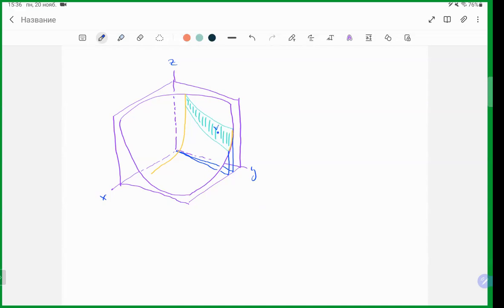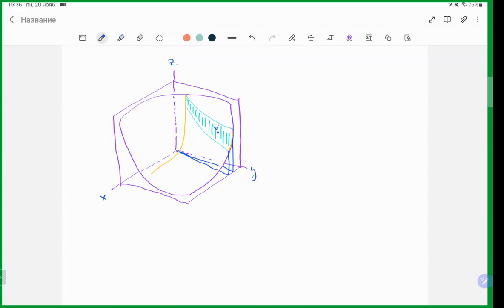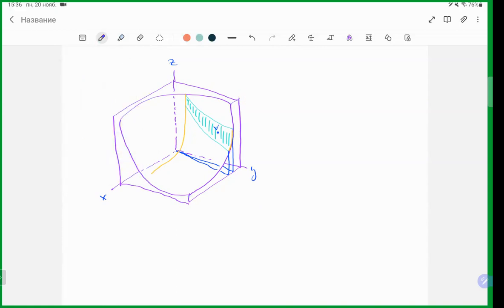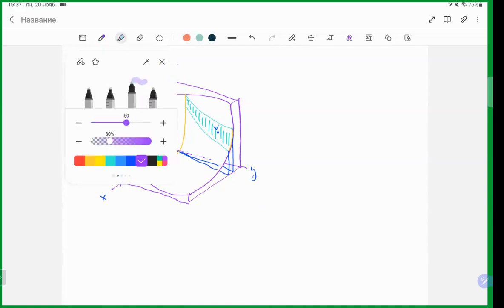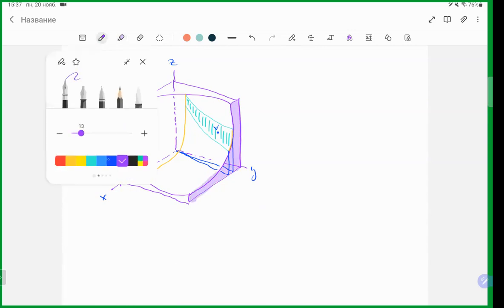So given some bound Y capital, as I drew it previously, I try to color it violet.